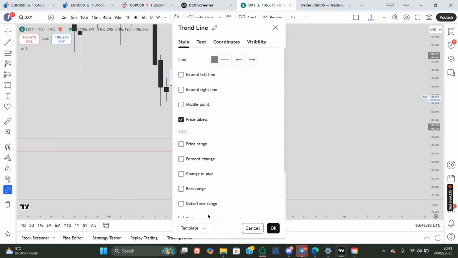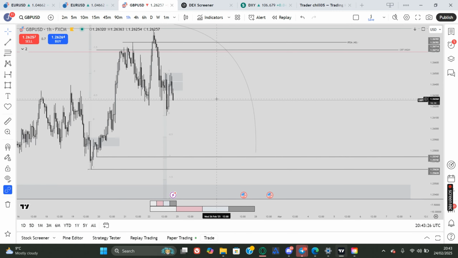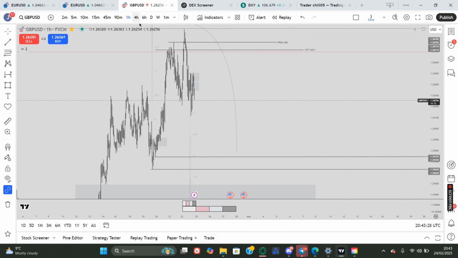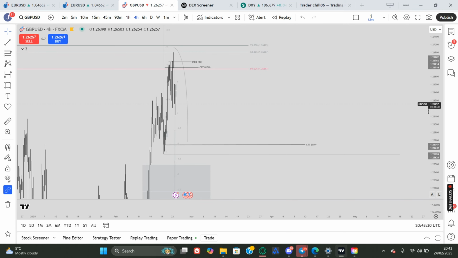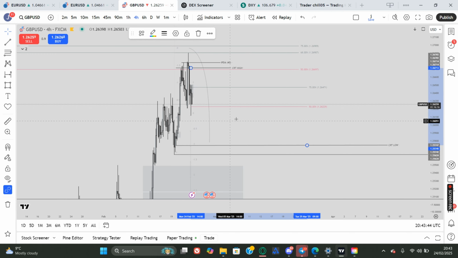See the highs up here. And obviously similarly goes with here. Go here. See that, measure from CRT high to the CRT low. You can see that we already purged the 50%, as that's what's created the breaker swing point.